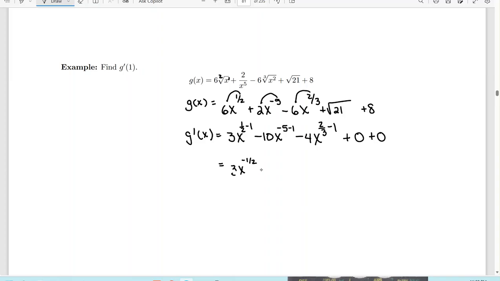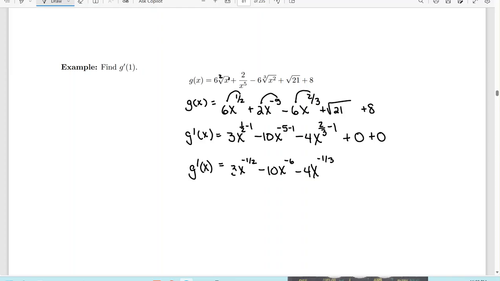All right, and then I've got a minus 10x to the minus 6 and a minus 4. And again, you can take negative 2/3 minus 1, and that's going to be to the negative 5/3 power, and then a bunch of zeros. That's g prime of x.